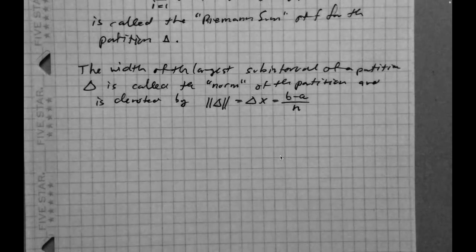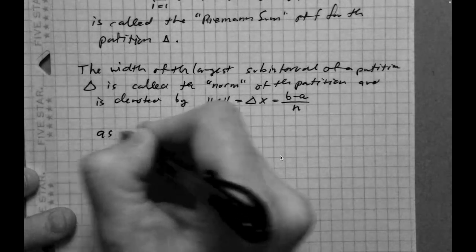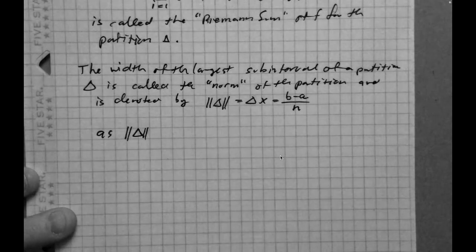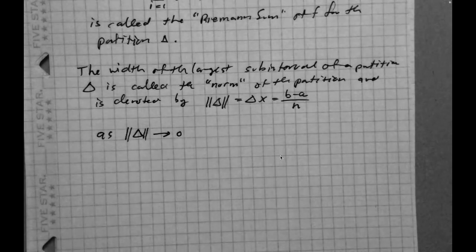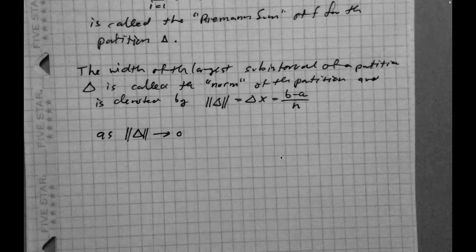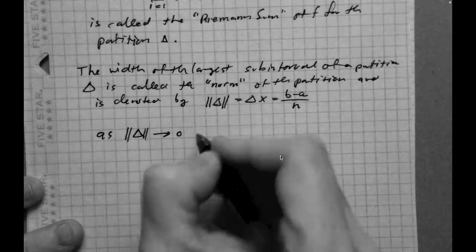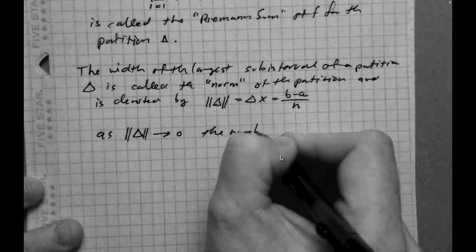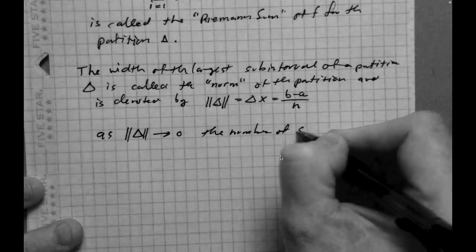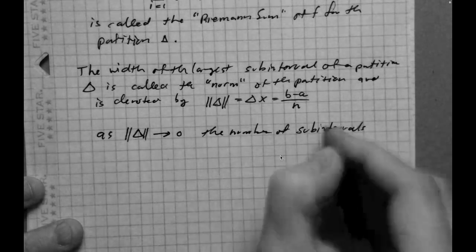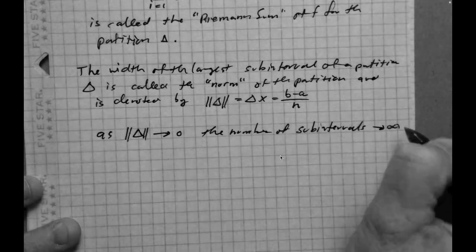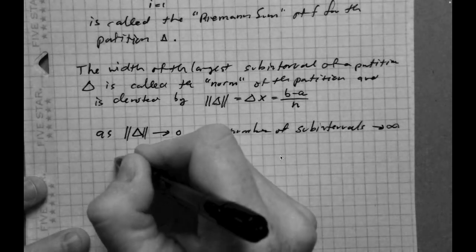Now, as the norm, meaning basically the width of the interval, goes to 0, what happens to the number of subintervals that are going to be needed to partition the interval AB? As the norm goes to 0, the number of subintervals in the partition goes to infinity. Hopefully that's sort of intuitive.